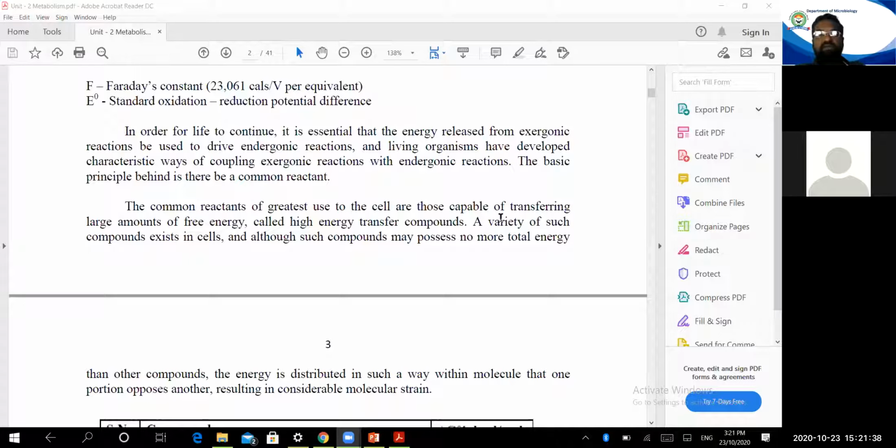So when this energy is released, how is it stored, and when this energy is utilized, how is it utilized? There should be some kind of storage form, or there should be some kind of intermediate entity which should store the energy released from the catabolic reaction and transfer it to the anabolic or biosynthetic reaction.